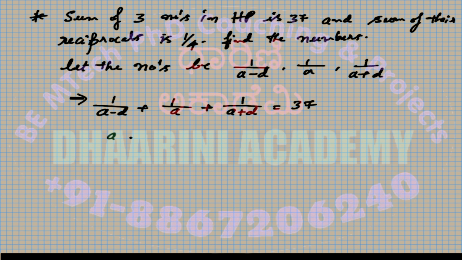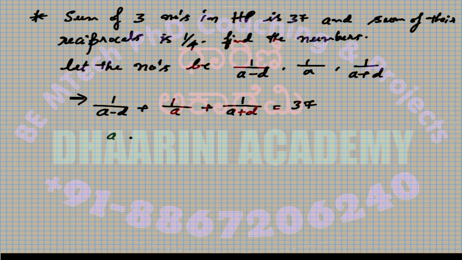Let us substitute A in the first equation to calculate the value of d. So this is 1 divided by 1 by 12 minus d, plus 1 over 1 by 12, plus 1 over 1 by 12 plus d, should be equal to 37. Now I want you to solve this equation and calculate the value of d.